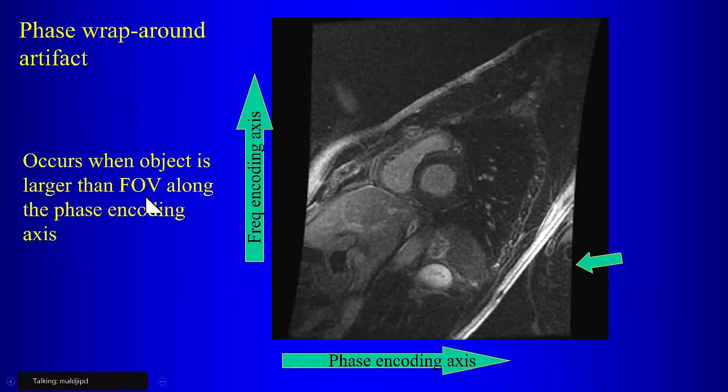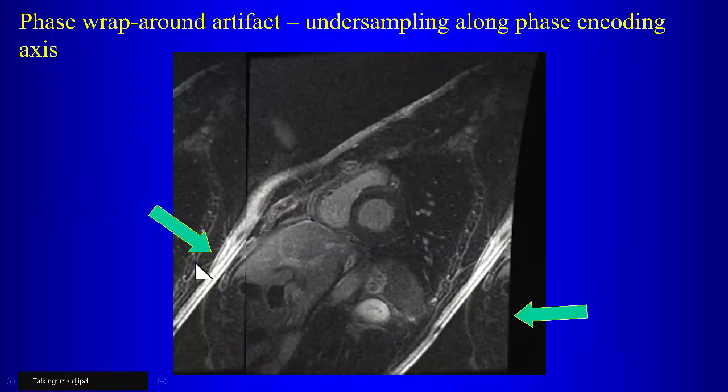It occurs when the object is larger than the field of view along the phase encoding axis, and what will happen is data will be mismapped. Instead of appearing on this side of the image, it has been moved to the other side of the image, right? So here I'm proving it to you. I've just taken it and cut and pasted it to the other side. So you see that really this came from here, okay? That's wraparound artifact. That's from undersampling in the phase encoding axis.